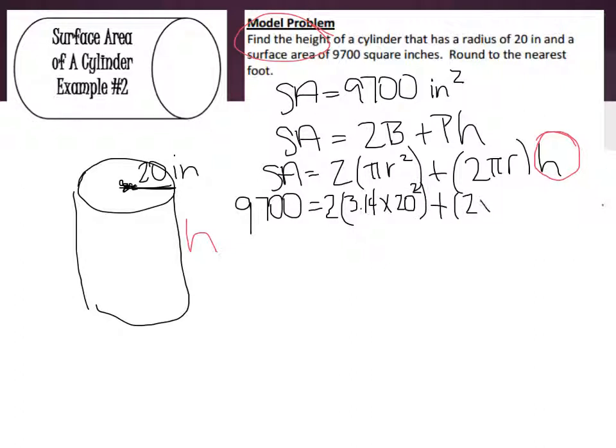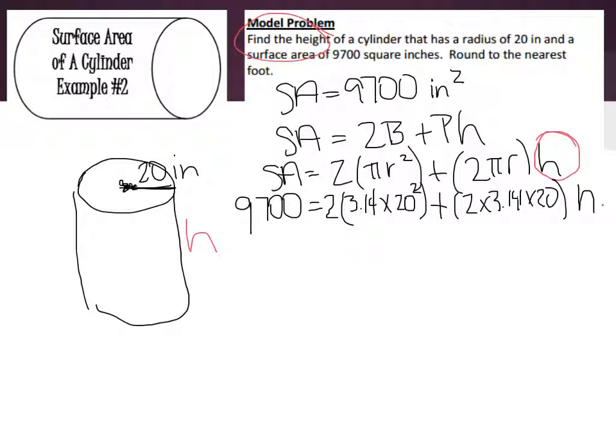Then we have 2 times pi. Pi is 3.14. The radius is 20. And we do not know our height. Since we don't know our height, we're going to leave the letter H. We are looking for H. Everything else has been filled in. I've got 3.14 everywhere I saw pi, and I've got 20 everywhere we saw the radius.